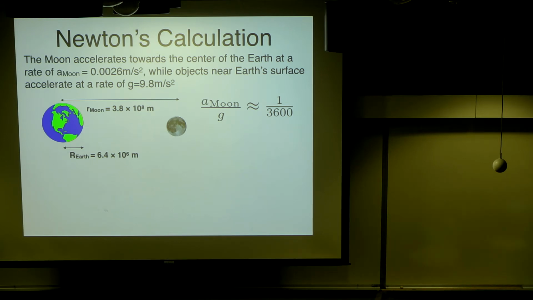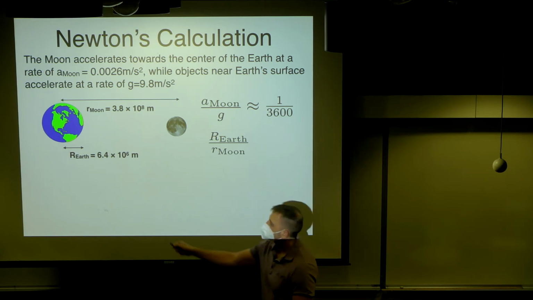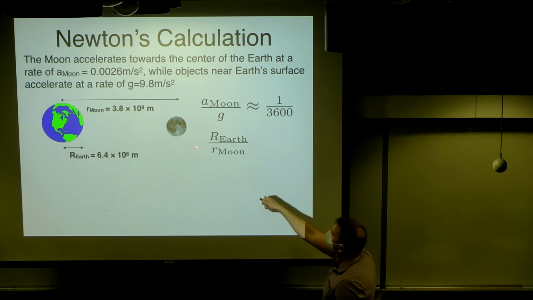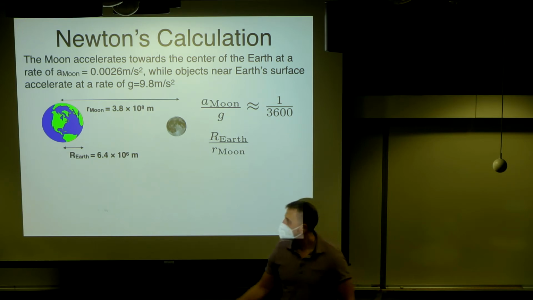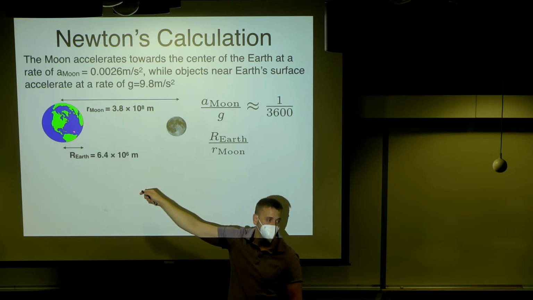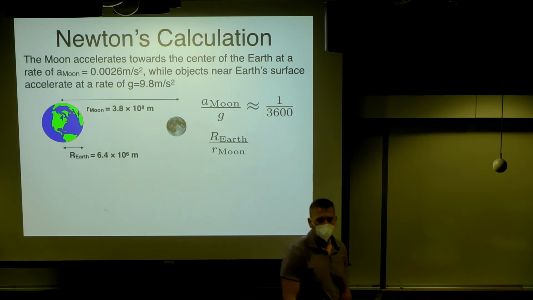All right. Here's something else we can compare. We can take another kind of ratio. Let's take the radius of the Earth itself, that's the distance from the center of the Earth out to the surface, to the distance to the moon, okay? So basically, what are we comparing here? If I'm standing on the surface of the Earth, I'm a certain distance away from the center of the Earth, right? If I'm all the way out here where the moon is, I'm a much bigger distance from the center of the Earth.